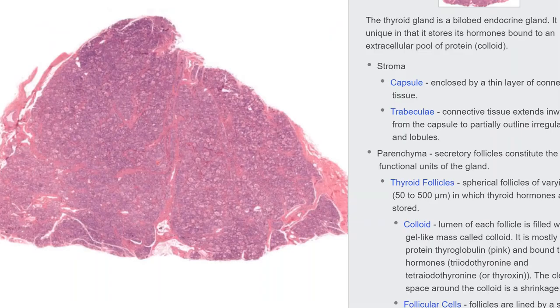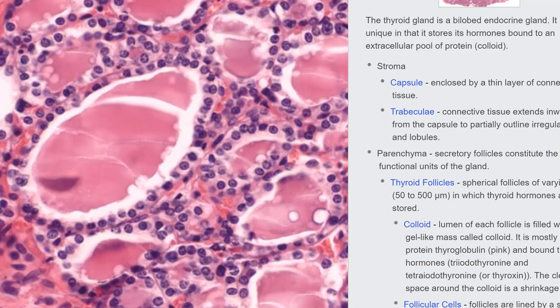So here's the thyroid gland on histologyguide.com. You can see that it's kind of pink. There's a little bit of connective tissue running through it, and there's lots of little pink bubbles that we're going to take a look at. Now we've zoomed in on some follicles. All right, so this is a follicle.